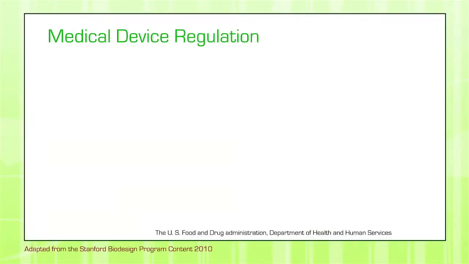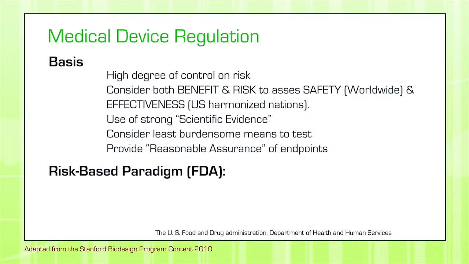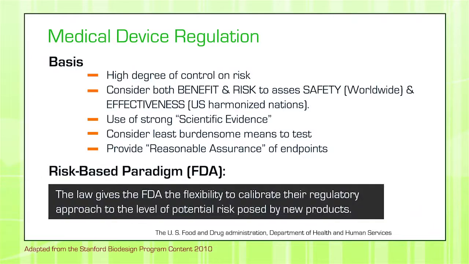Finally, specifically for the FDA in its risk-based paradigm, the law gives the FDA the flexibility to calibrate the regulatory approach to the level of potential risk posed by new products. So you should know that even though many of the things that you can read on the FDA webpage, or even on the webpage of the regulatory affairs agency that is regulating your product in the nation of interest, may change according to the possible risk they see in your product.